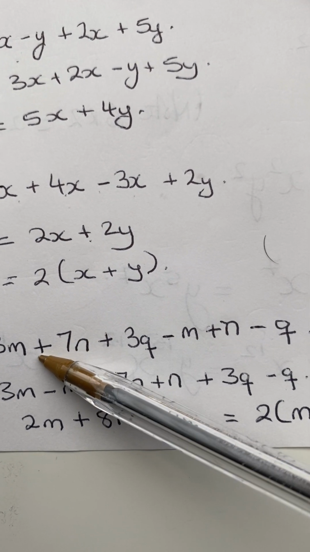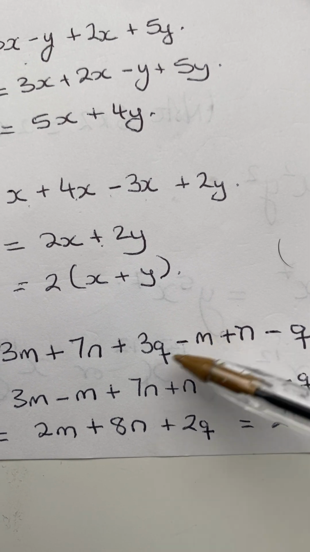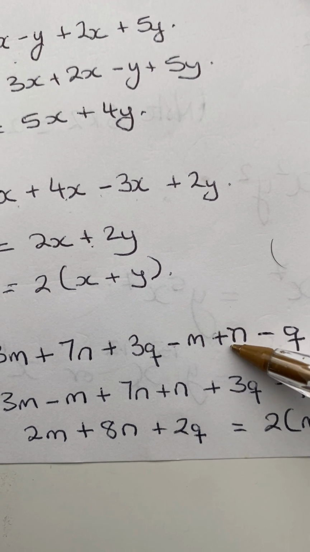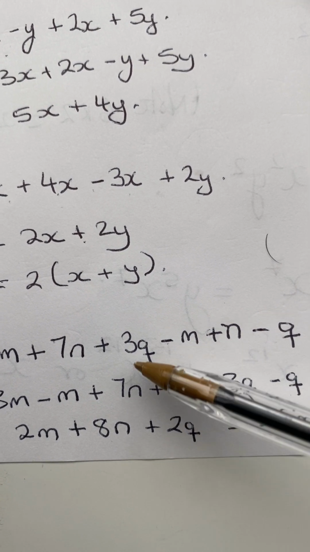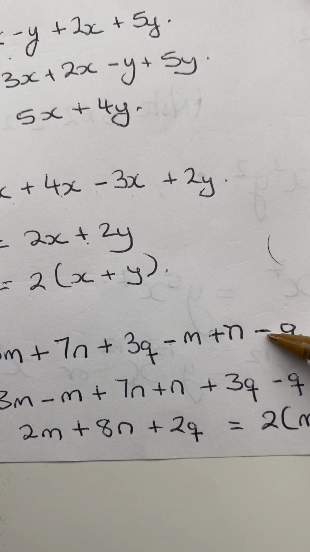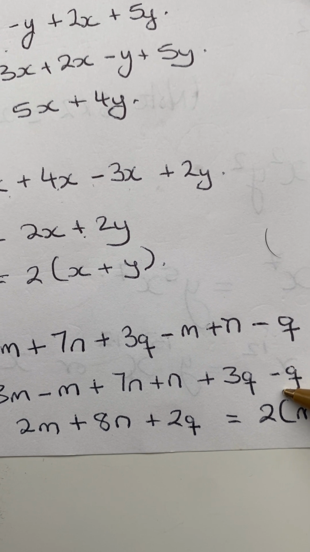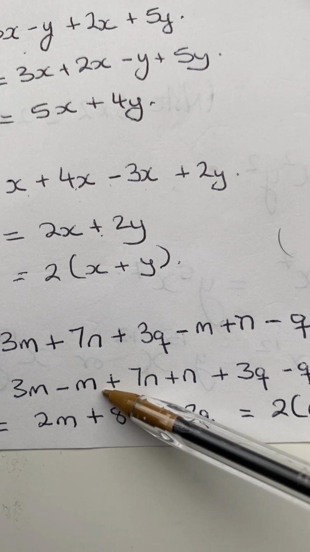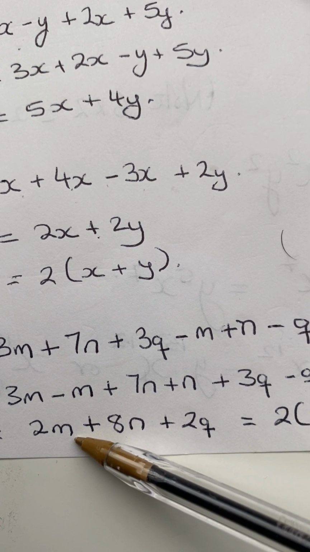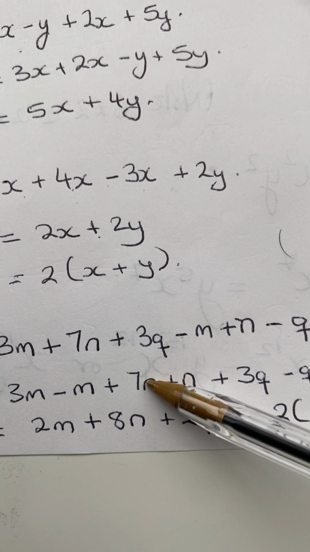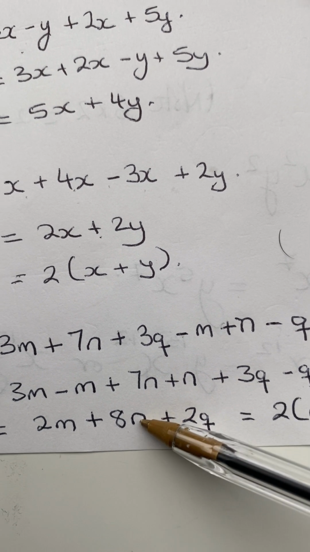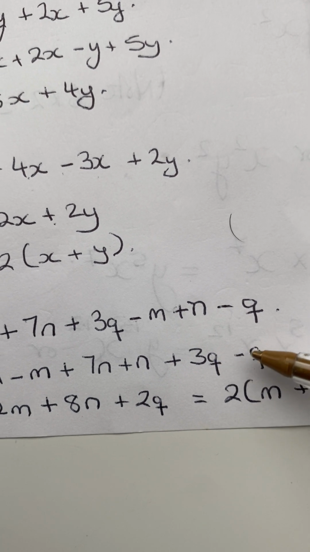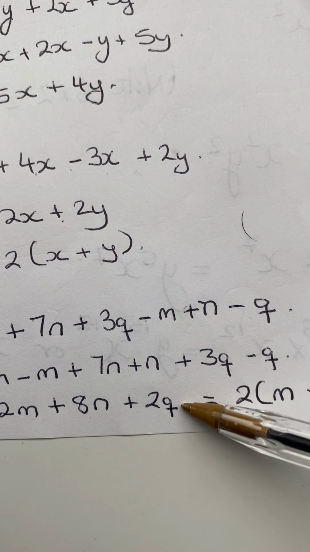So 3m minus m, 7n add n, 3q minus q. Okay, 3m minus m is 2m, 7n add n is 8n, 3q minus q is 2q.